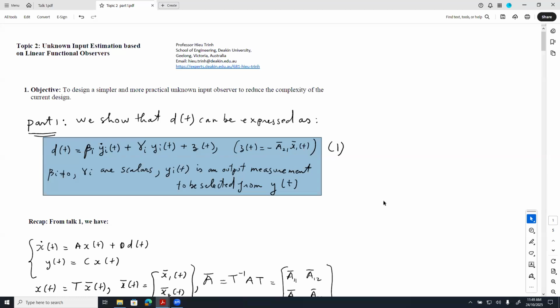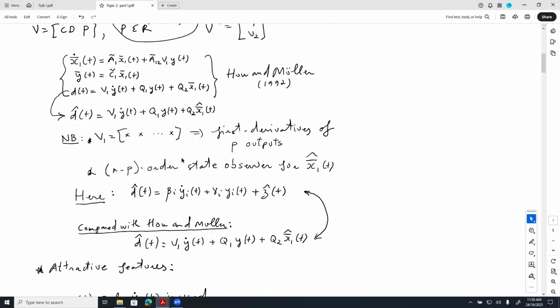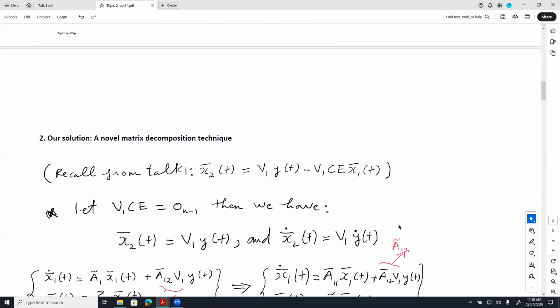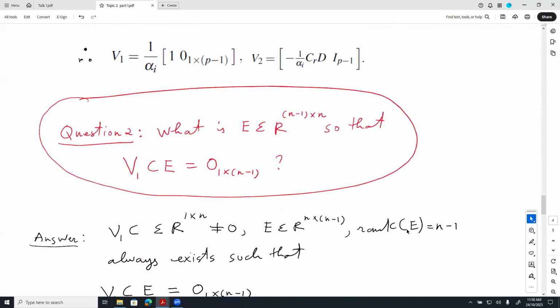This is a significant decomposition because in terms of practicality, we can always guarantee that we need only the first derivative of one output measurement. Furthermore, we can also provide further improvement of the Hou and Muller method by designing a linear functional observer instead of a stack observer. So that's the first outcome so far regarding the extension of the Hou and Muller method.